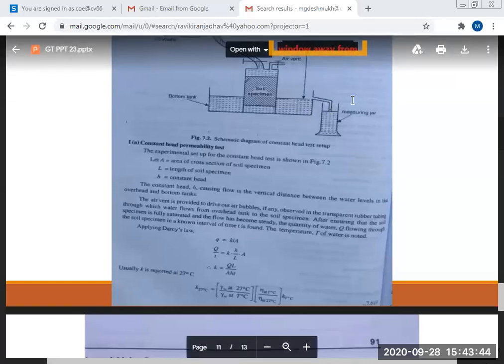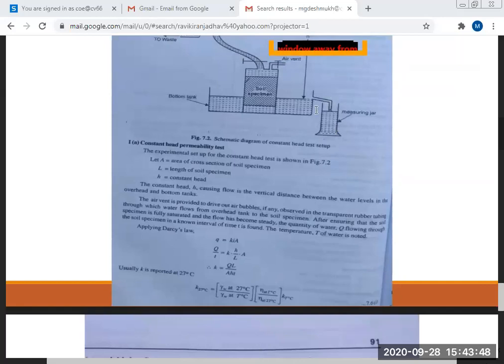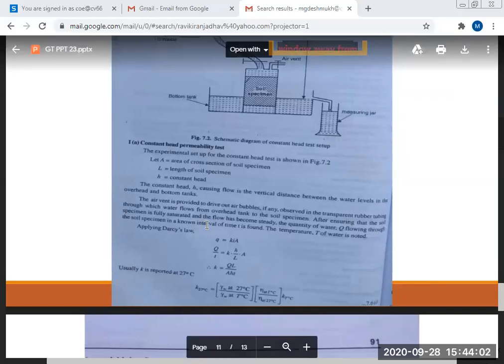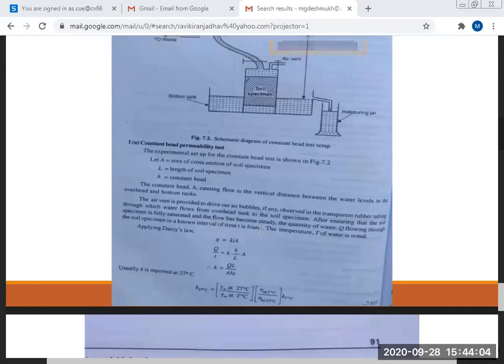Whatever water is collected, that volume divided by time is called discharge. So from this experiment, you will come to know what Q is.